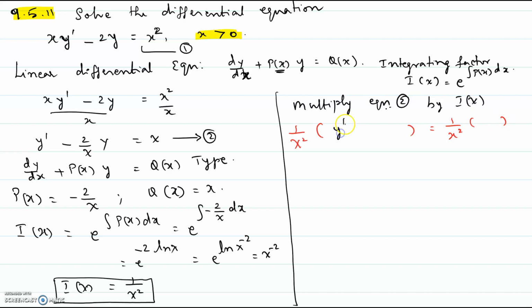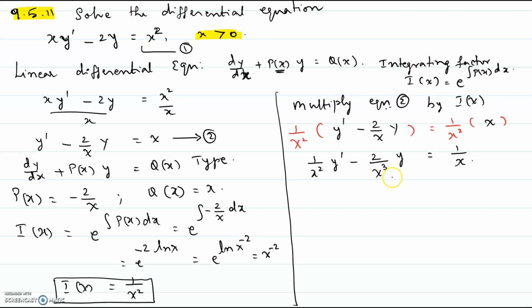The left hand side of equation 2 is y prime minus 2 over x y. The right hand side of equation 2 is x. So we get 1 over x squared y prime minus 2 over x cubed y equal to 1 over x.